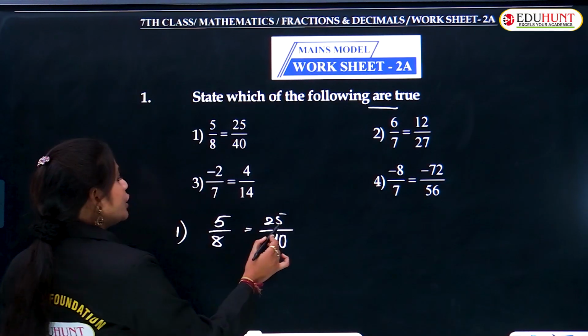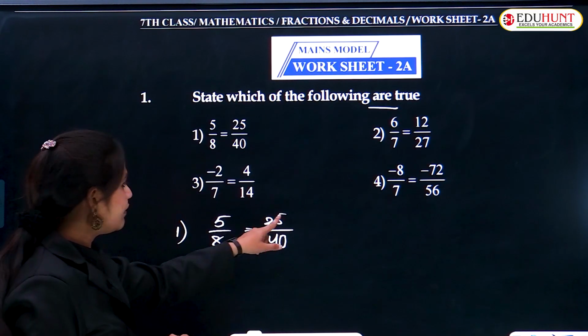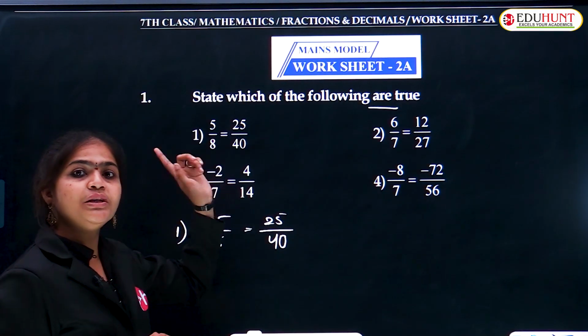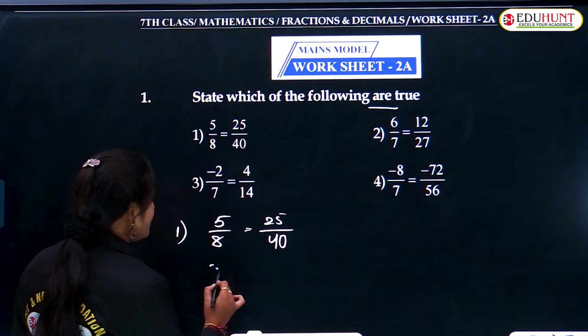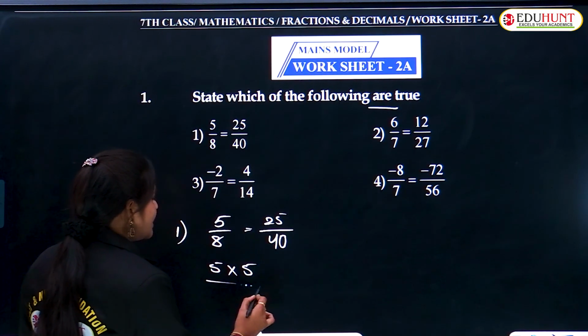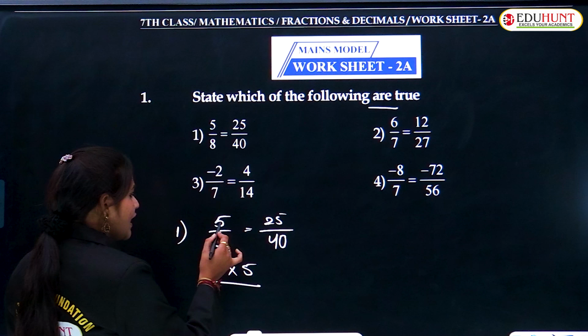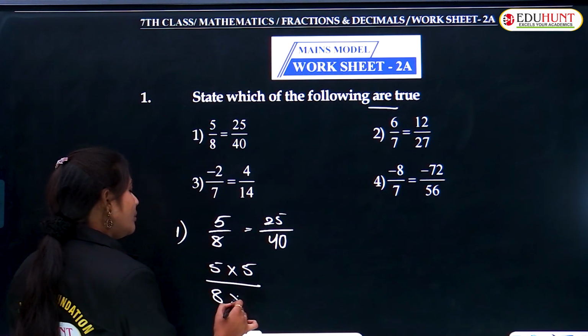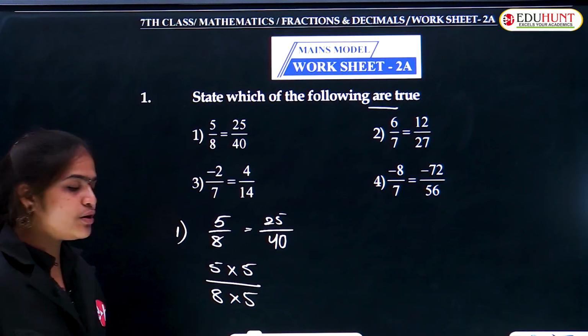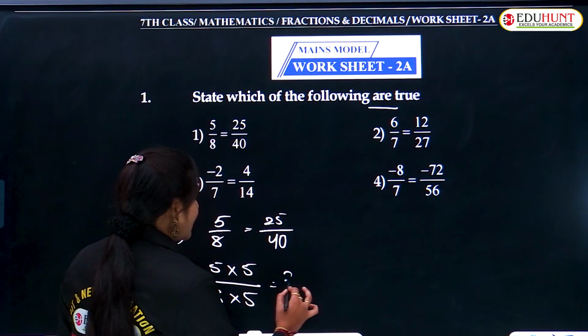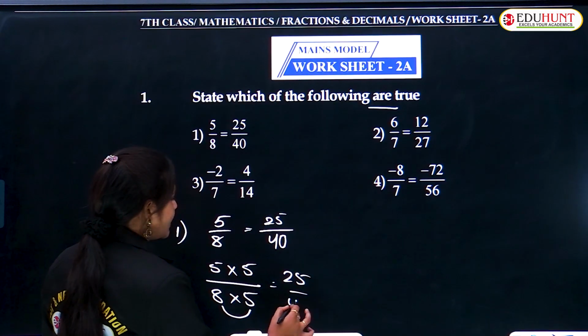Now here 25 is already given. 5 into how much is equal to 25? 5 into 5. Which means the numerator is multiplied by 5, so the denominator should also be multiplied by 5. Does it satisfy or not? See here, 5 fives are 25, 8 fives are 40.